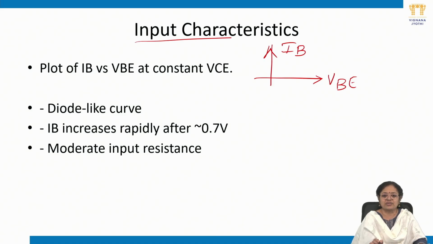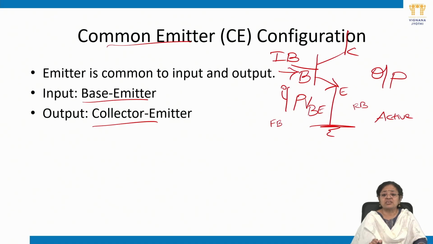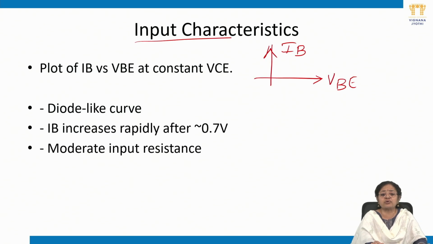input characteristics. For example, this is NPN. So this junction is reverse biased. If we focus on this, this is nothing but a PN junction diode in forward bias. Hence the input characteristics curve is nothing but the PN junction diode forward bias characteristics. At about 0.6 volts you are going to get current conduction.